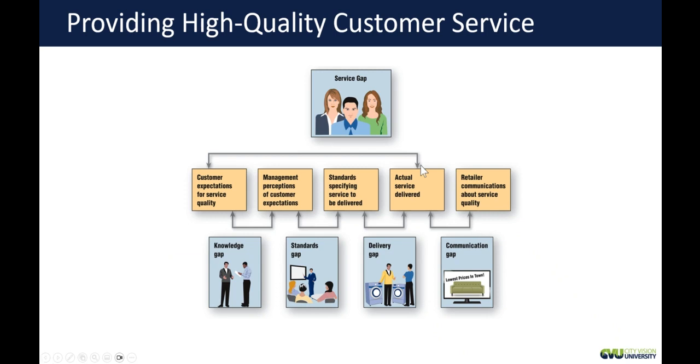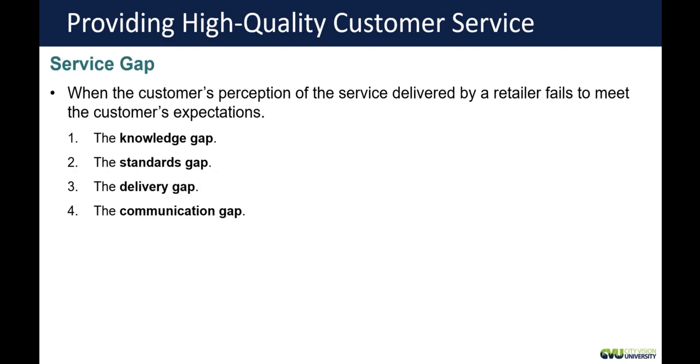So when we talk about that, we measure what the customers are experiencing, what their expectations are, and everything else. And then we would look and say, okay, is it a knowledge gap? Is it something that our people don't know? Is it a standards gap where we don't have the right standard? Maybe we aren't delivering right, or maybe there's just a communication type thing. So we look at those things, right?